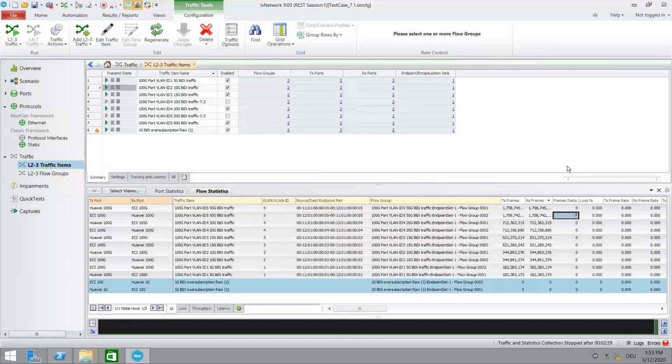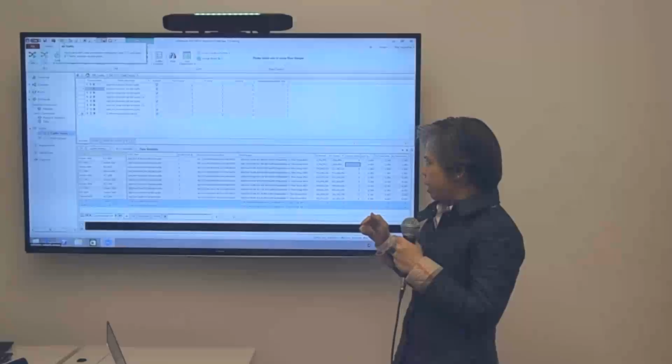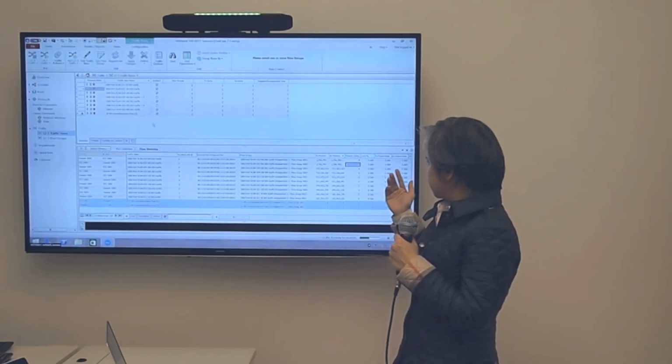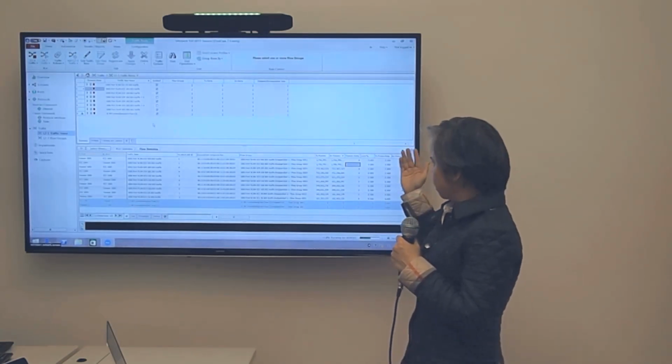Down here, you will see the oversubscription. The oversubscription will run through VLAN 5. In the next step, we will see packet loss only on VLAN 5.